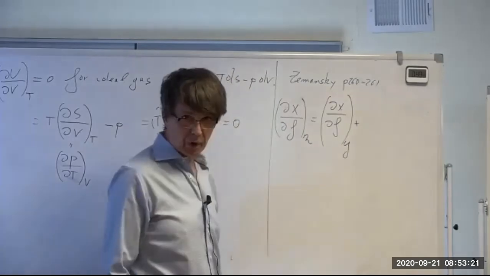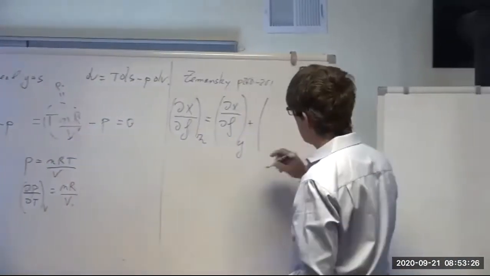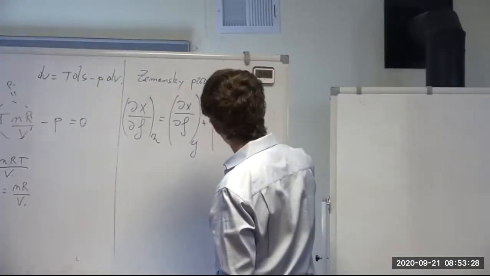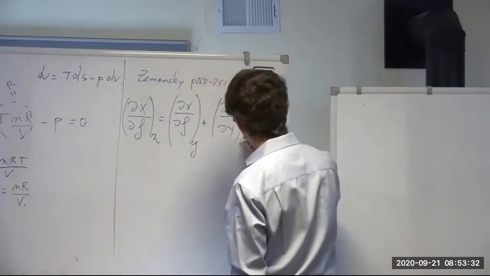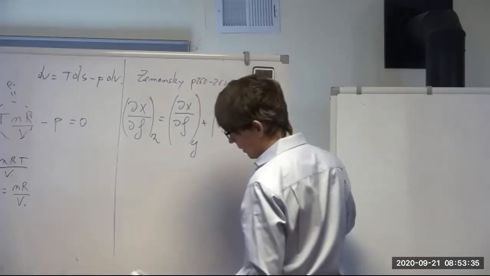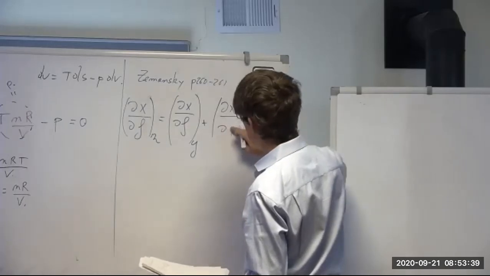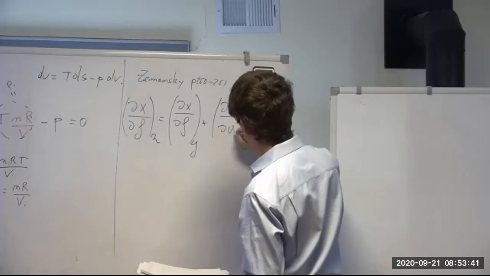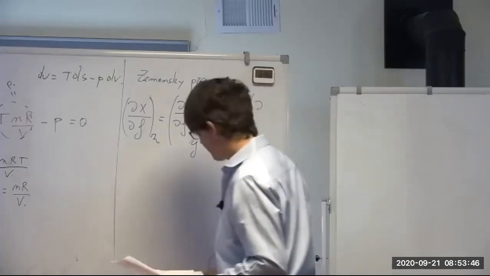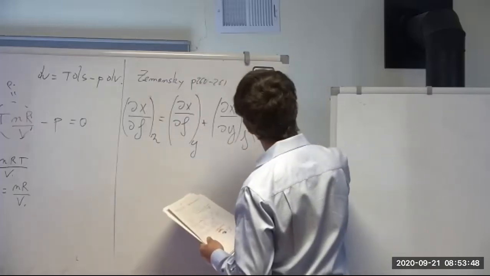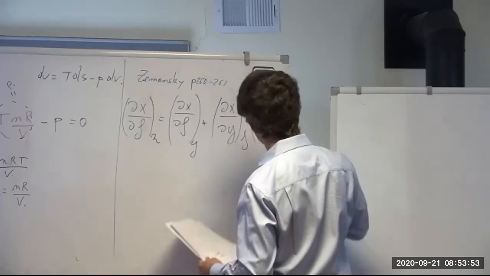Well, it turns out the correction terms make some sense when you think about it. It's how dx changes with y at constant f times how y, I need to be a little careful here. These are lowercase y's, not that it matters, but these are y's, this is an f, times dy df at constant z.